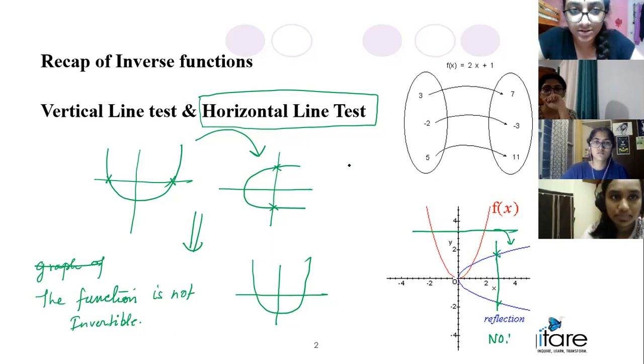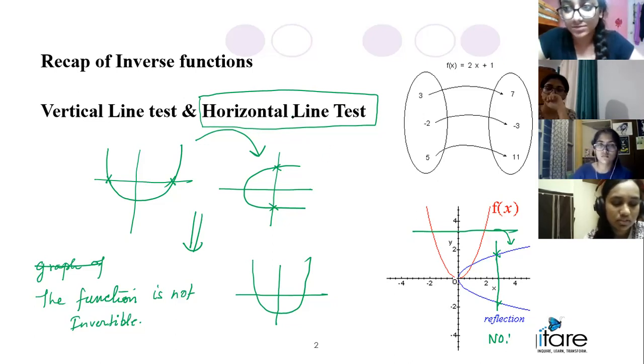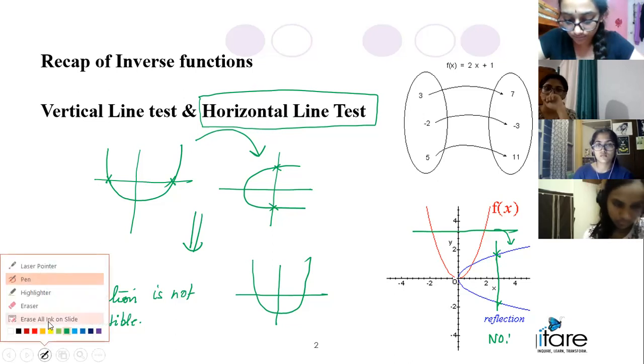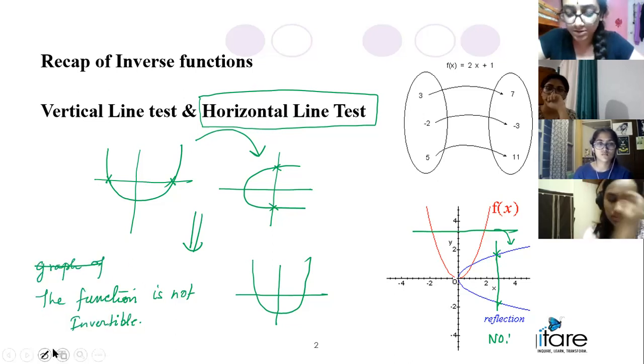We are going to check that with a straight line graph. So the horizontal line test is like a 2-in-1 hack. What you would do is, if you want me to check whether a particular graph is a function, we'll do one small thing.